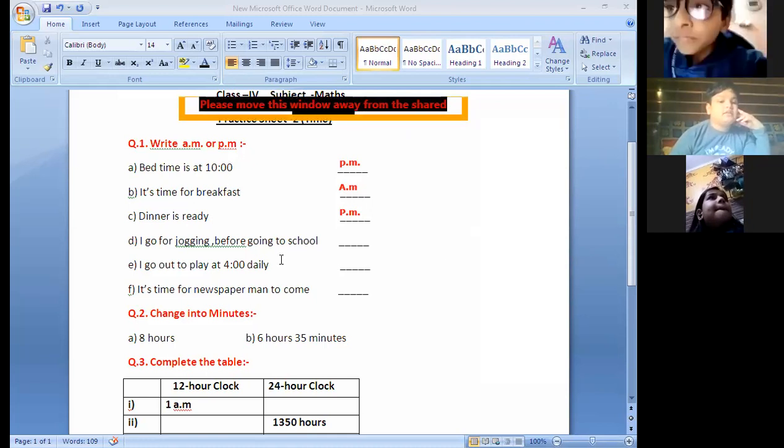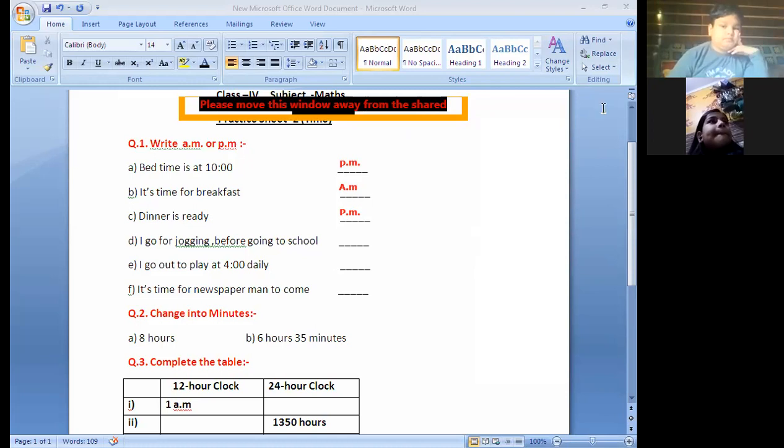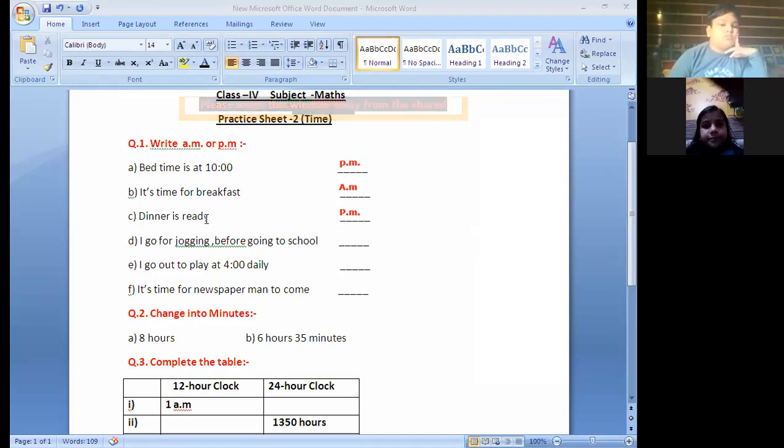Yes, beta. So the next one is, can you read the D part? I go for jogging before going to school. So what does it mean? Ma'am, AM. Yes, beta. When we are going for jogging before school.